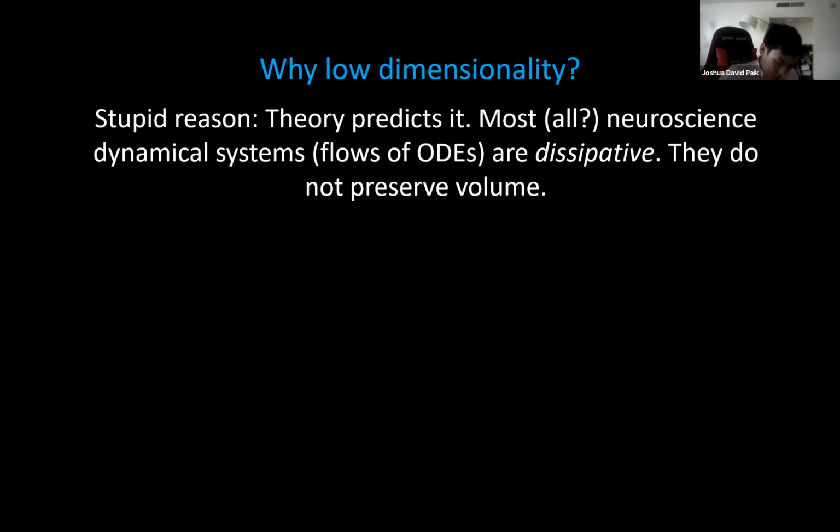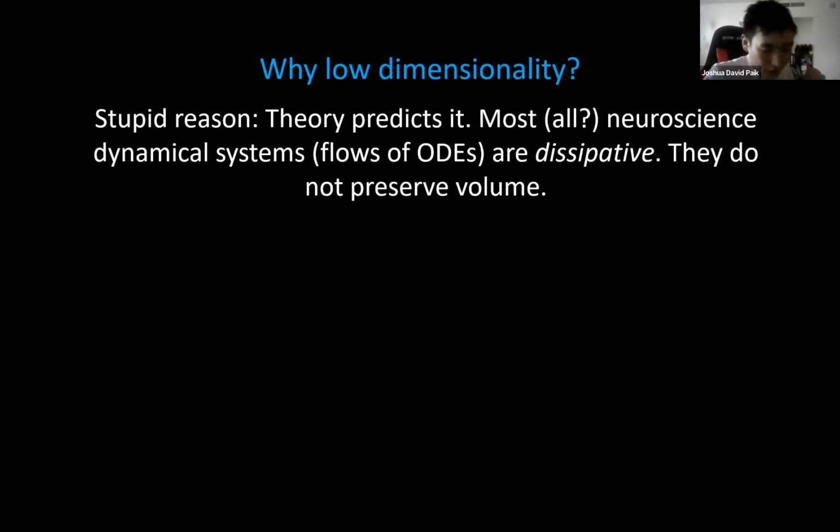Why low dimensionality in data? If we're thinking of rank as being a proxy for low dimensionality, well, there are a lot of reasons in neuroscience, and it's very debatable. But I'm not really a philosopher.